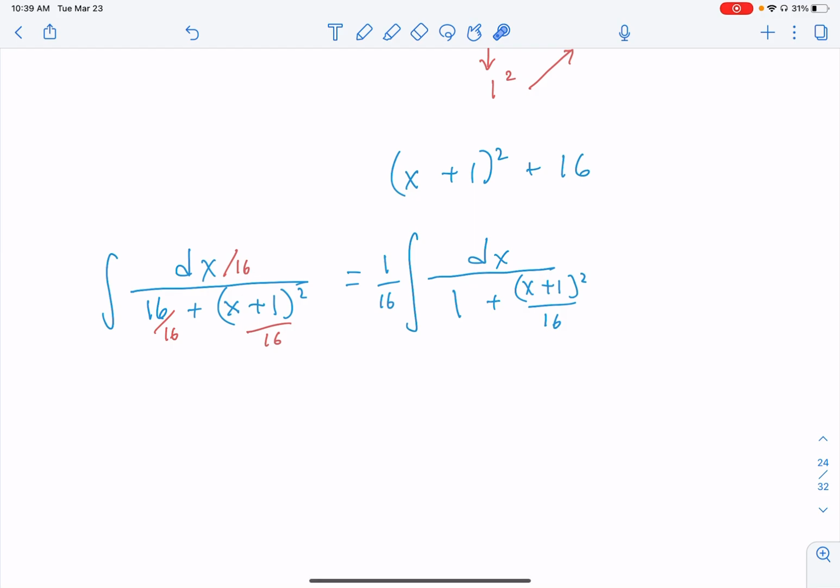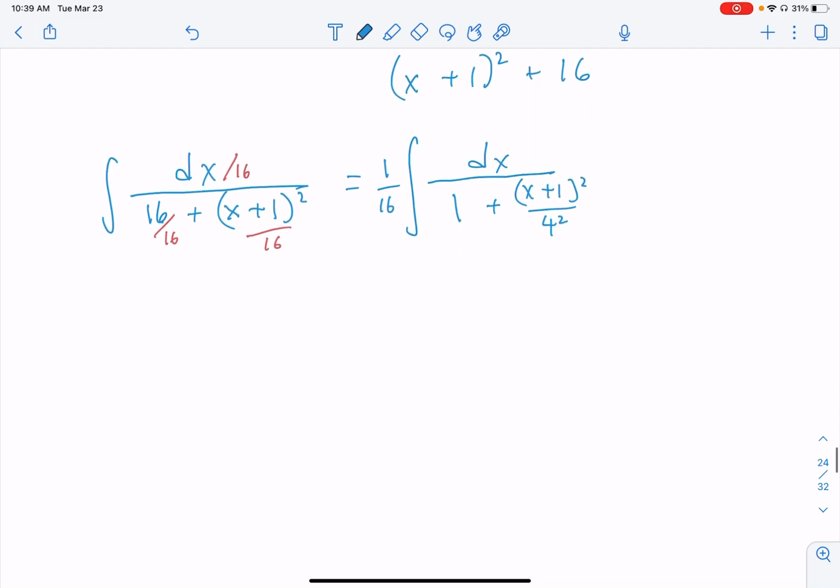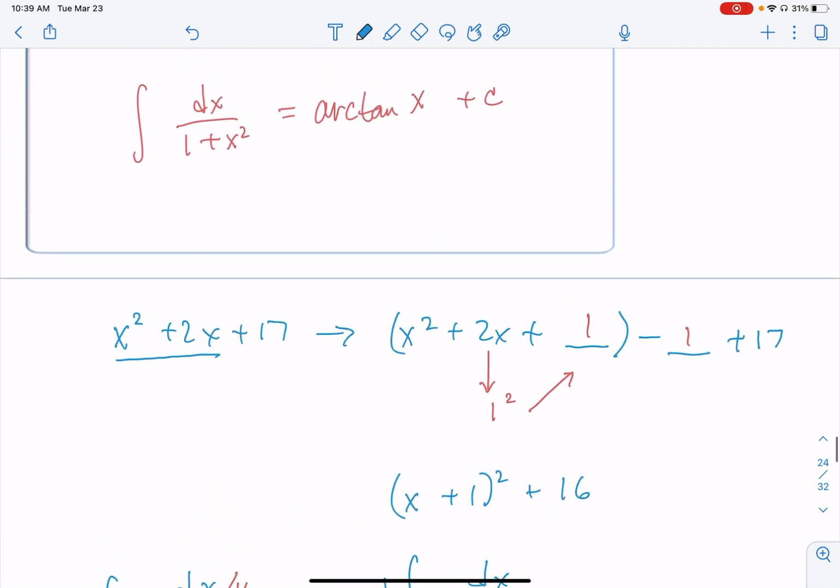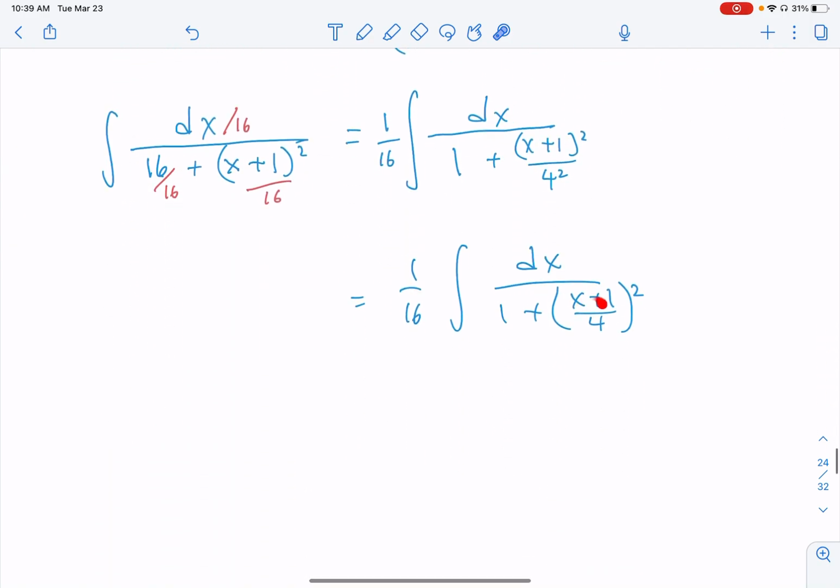If I take its square root, it's just 4 squared. And then make this as one complete term, which is squared. So I have 1/16 integral dx of 1 plus the quantity x plus 1 over 4, and then squared. Now it does mimic this right here, where our x is actually this.